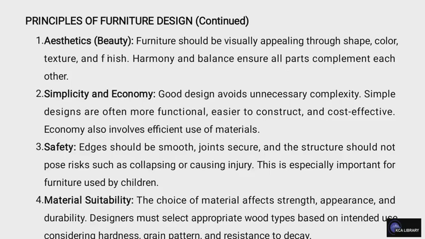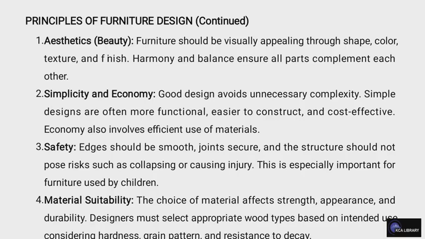We continue with the principles, and the next is aesthetics, which deals with beauty or style. Furniture should be visually appealing through shape, color, texture, and also finish. Harmony and balance ensure all parts complement each other. Another principle is simplicity and economy, and good design avoids unnecessary complexity. Simple designs are often more functional, easier to construct, and also cost efficient.